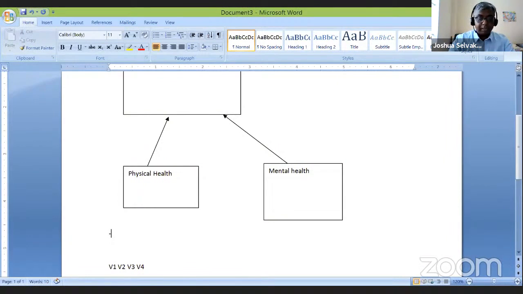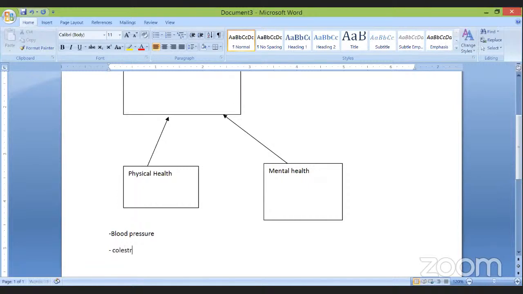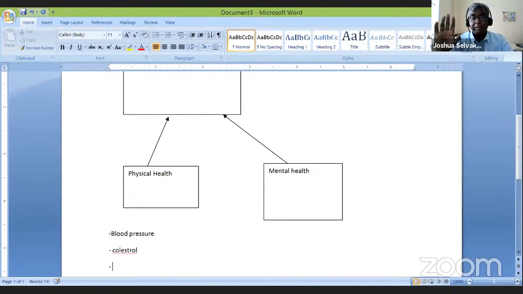For example, let's say blood pressure. What else can I put? Blood pressure, cholesterol level. Forget the spelling.